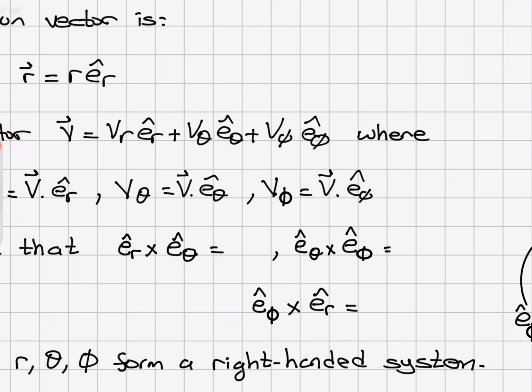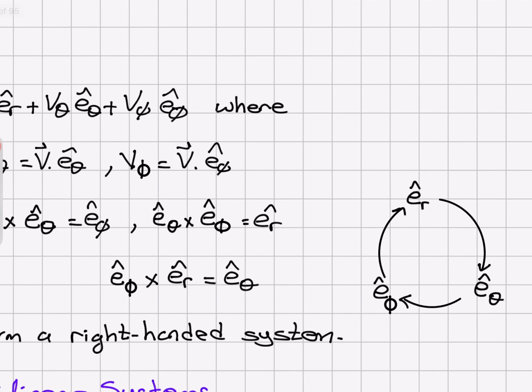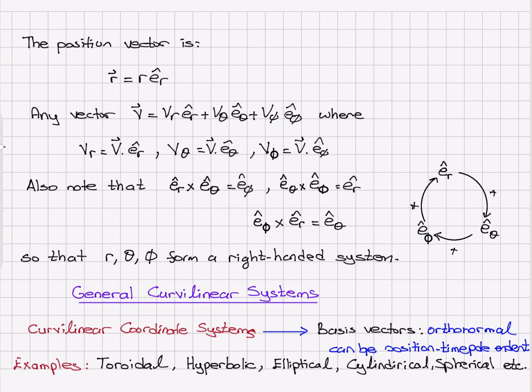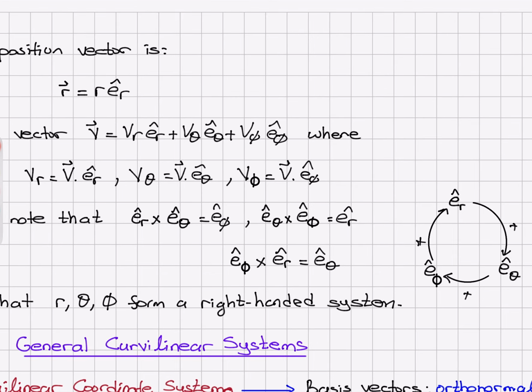So e r hat cross e theta hat is e phi hat, e theta hat cross e phi hat is e r hat, and e phi hat cross e r hat is e theta hat. So we see that r, theta, and phi form a right-handed coordinate system. So the counterclockwise direction is the positive direction for calculation of cross products between unit vectors.